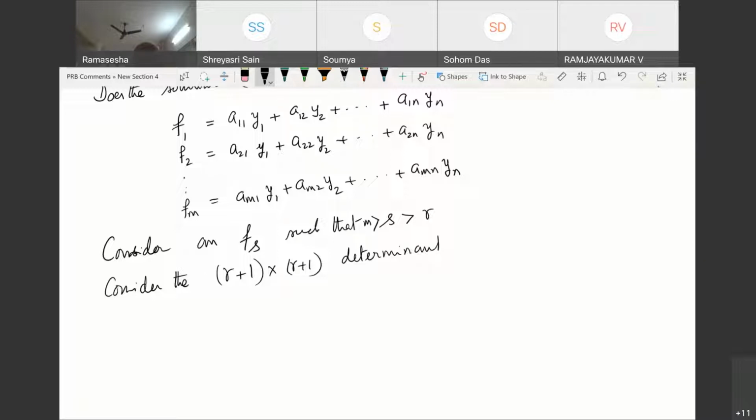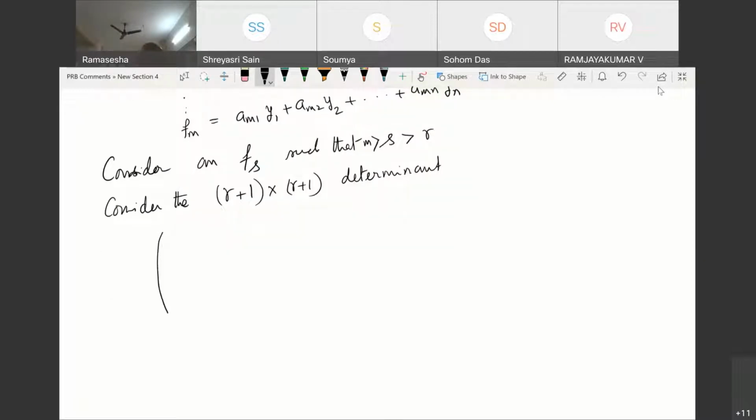What is the determinant? Let me write it down in vertical lines. So a11, f1, a21 to a2r, f2, ar1 to arr, fr, and the new row from equation s: as1, asr, fs.